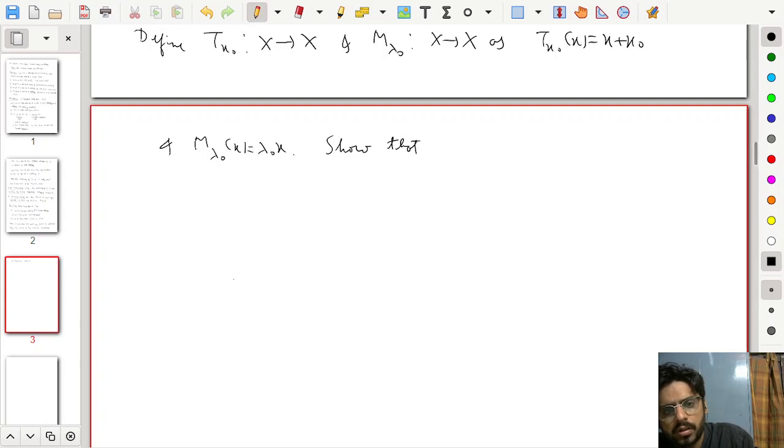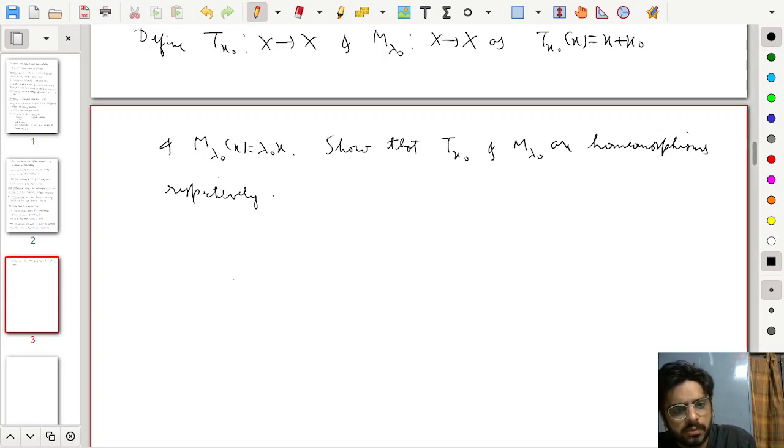Show that T_x0 and m_lambda0 are homeomorphisms respectively. What do we mean by a homeomorphism? You have to show that T_x0 is a bijection, T_x0 is continuous and T_x0 inverse is also continuous. Similarly, you have to show m_lambda0 is a bijection, m_lambda0 is continuous and m_lambda0 inverse is also continuous. That is the meaning of a homeomorphism.